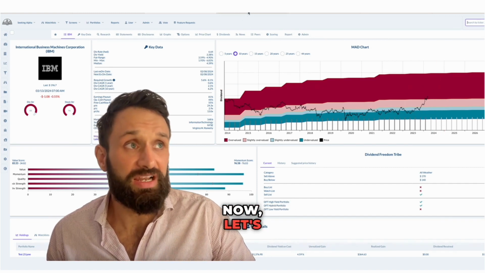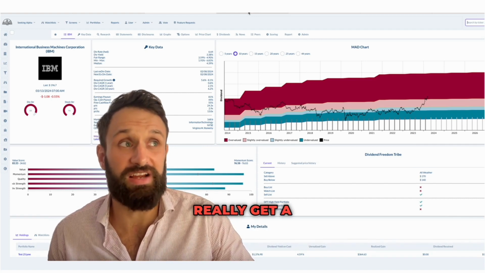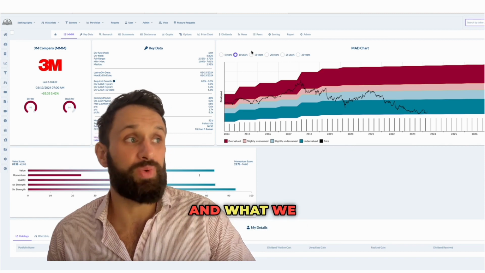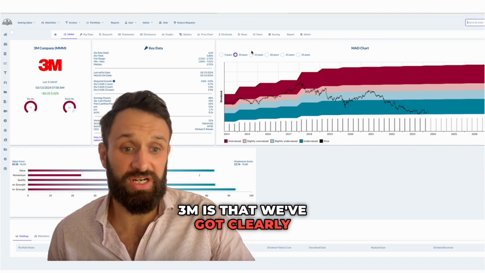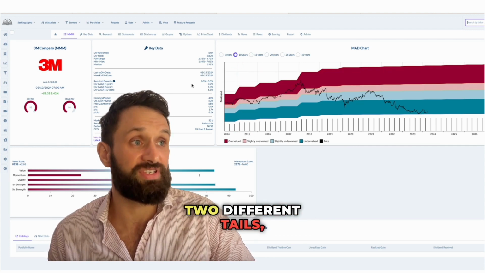Now, let's look at yet more examples of DFT charts, just so you really get a feel for how good they are. Here we move to 3M, and what we realize with 3M is that we've got clearly this chart which is showing two different tails, right?